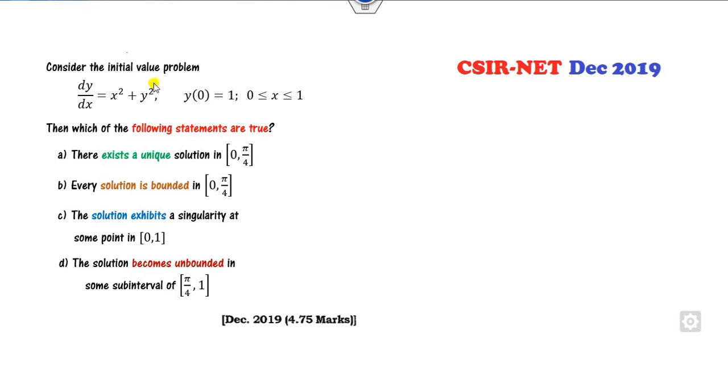f is given to be here, initial condition y0, unique solution, bounded and so on. Again, x minus 0 is less than a, y minus 1 is less than b. So my target is to find the minimum of a comma b over m. What is my m? Maximum of this. Fine.